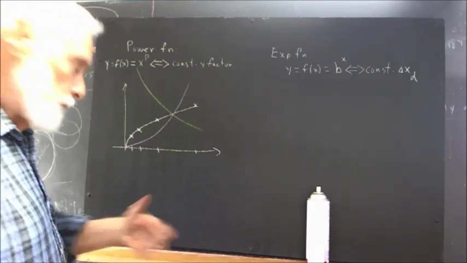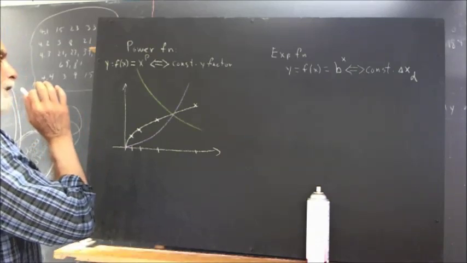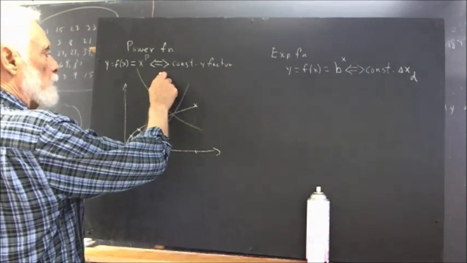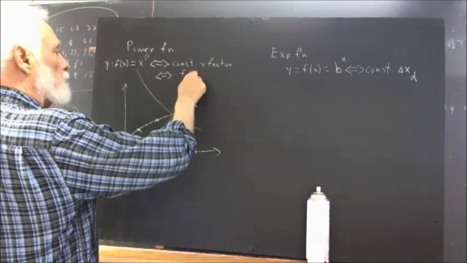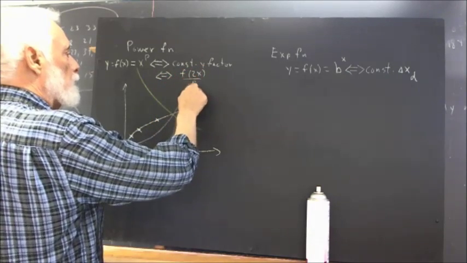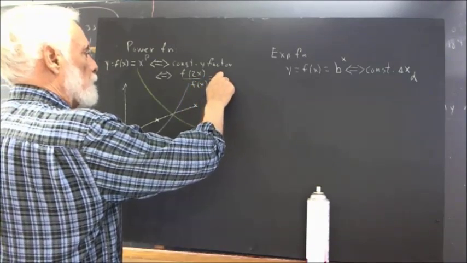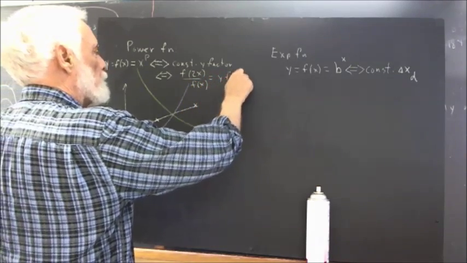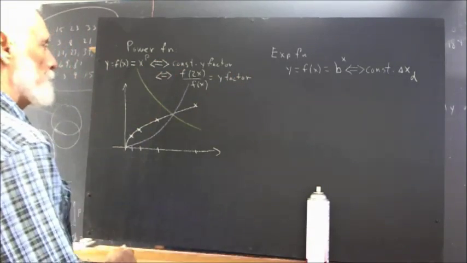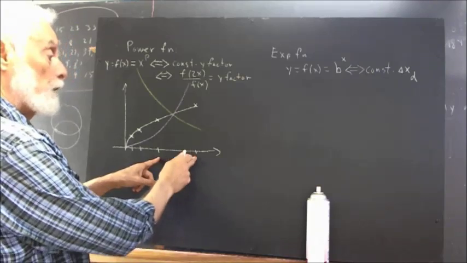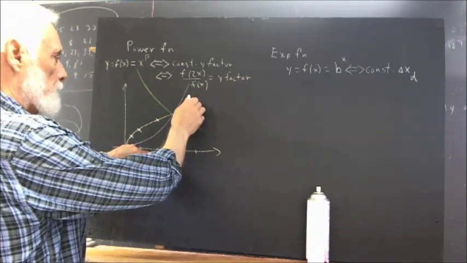Now, the one thing that people might need to think about again is the fact that a constant y factor is equivalent to saying that f of 2x divided by f of x is equal to your y factor. Because, of course, if this is x, f of 2x is out here, and f of x is up here.